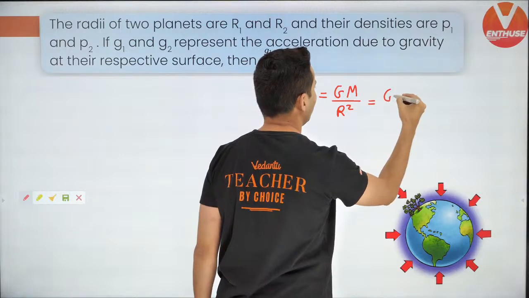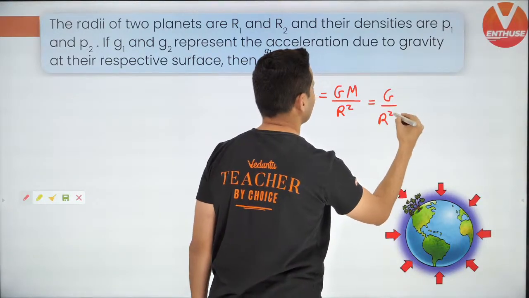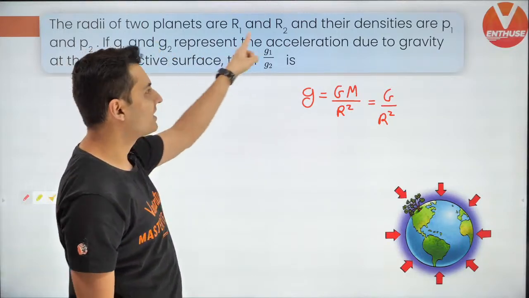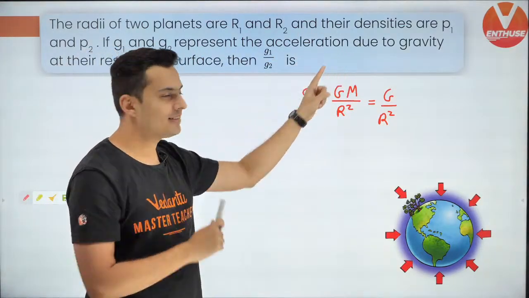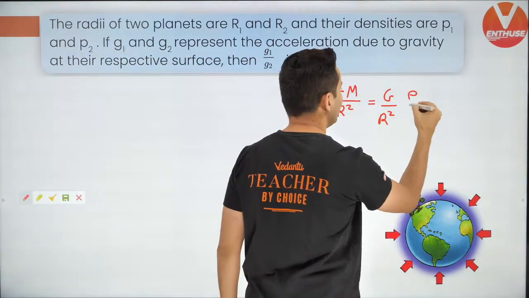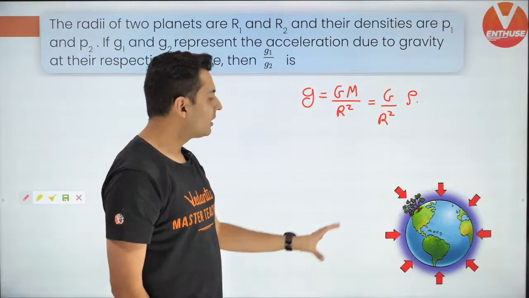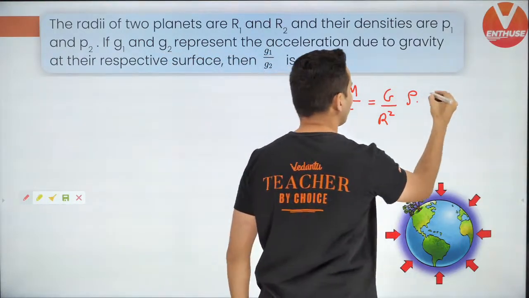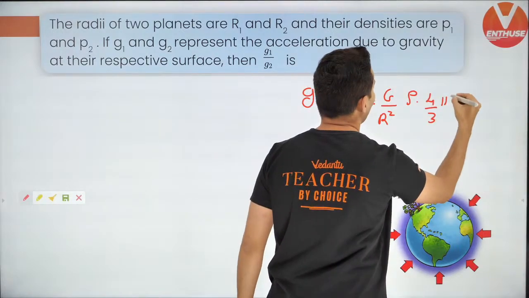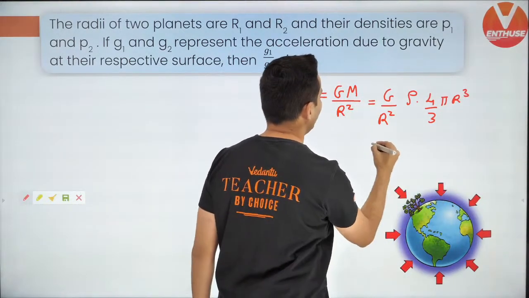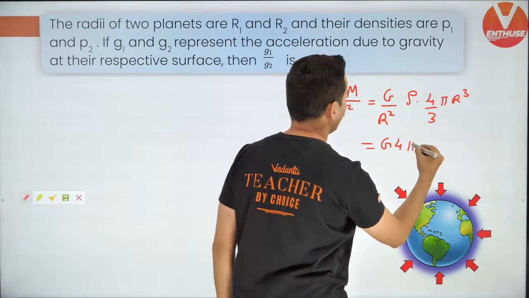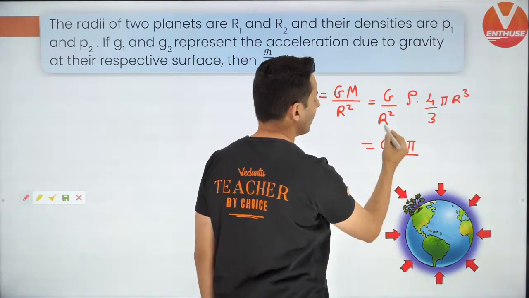And mass of a planet, I can write it as, why am I writing mass in some other thing? Because density is given, right? So convert mass into density. So mass is density into volume. Now volume of a planet, assuming it to be a sphere, is 4 by 3 pi r cube. Now the best part, it will become G 4 pi by 3 r cube and r square.